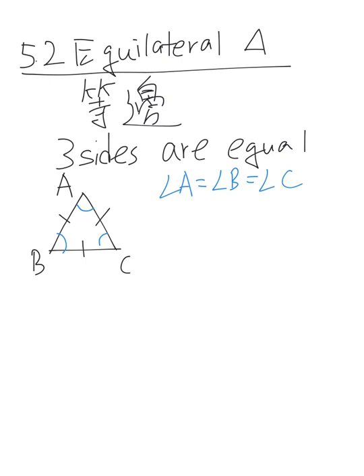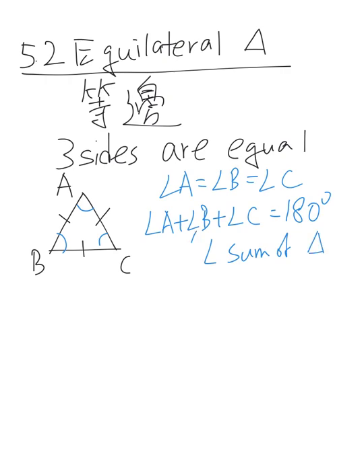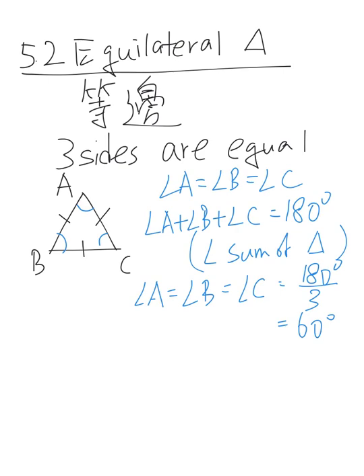Now, because of the fact that these three angles are the same, and based on the fact that these three angles adding together will be equal to 180 degrees, by the theorem of angle sum of triangle, we will notice that each angle is basically 180 degrees over 3. That is equal to 60 degrees.